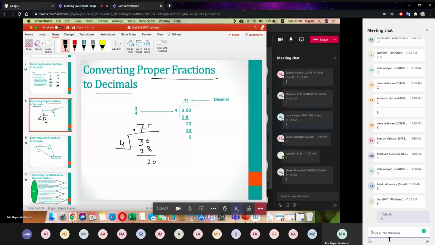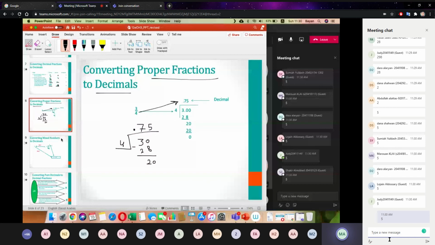So here we will have 5, 0.75. The answer will be. So 3 over 4 will give you the decimal value 0.75.